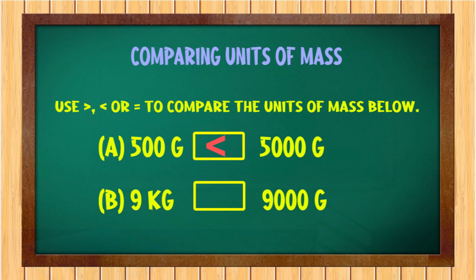I choose to convert the kilograms into grams. To do this, I remember first that 1 kilogram is equal to 1,000 grams. So I multiply 9 by 1,000 and that would give me 9,000 grams. Now that both of my masses are in grams, it's safe for me to compare. Looking at the figures, 9,000 grams and 9,000 grams, we can say that they are equal.